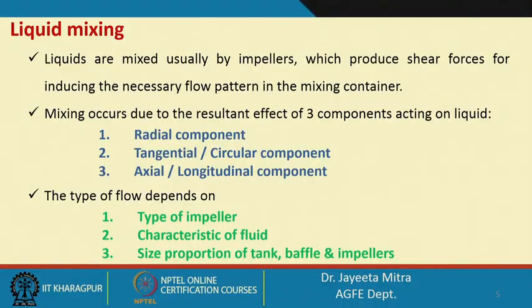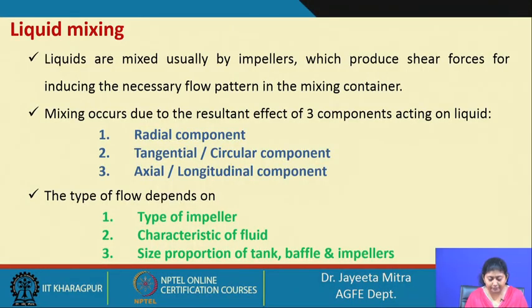So, because of that the baffles are used, and also the length of the impeller shaft. Okay. So, many parameters are there that will define what kind of flow will be generated in the liquid mixing case, whether it will be longitudinal, radial flow or tangential flow, like that. Another thing is the size proportion.